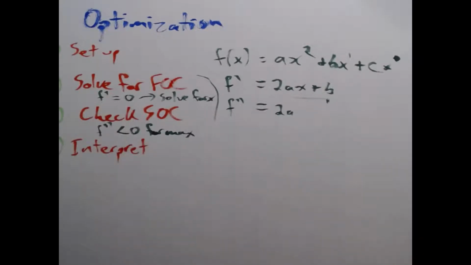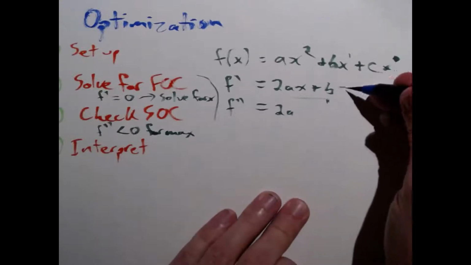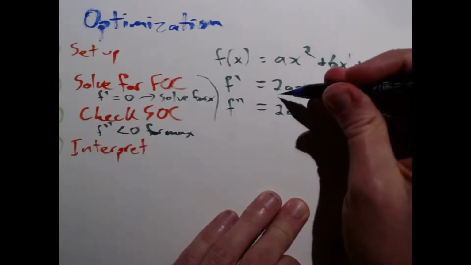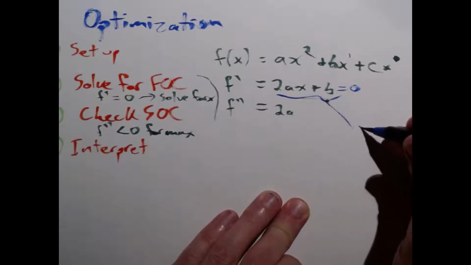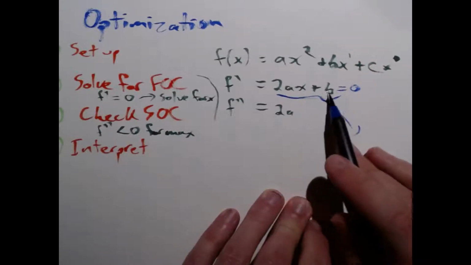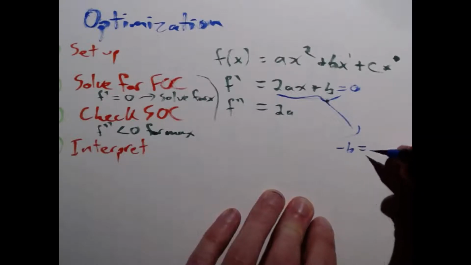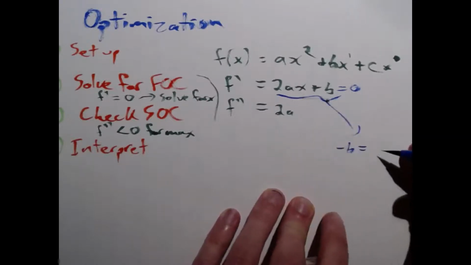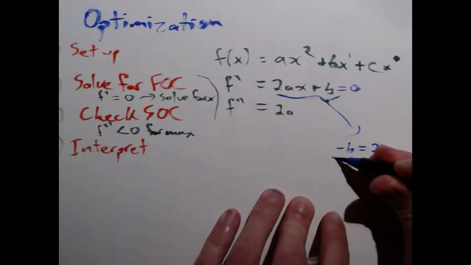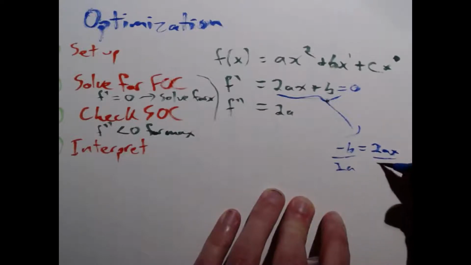We want to set this equal to 0, and then we want to solve for x. All right, so I'm just going to take this whole mess, throw this over here. We subtract this b, so we've got negative b equals 2ax. Divide both sides by 2a.